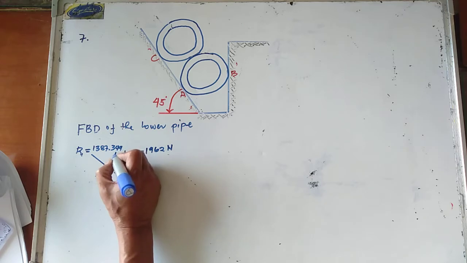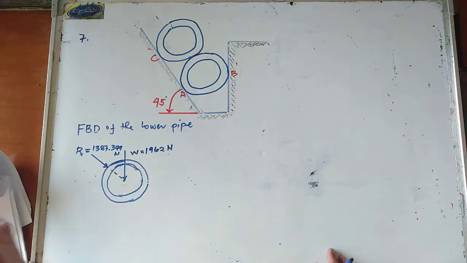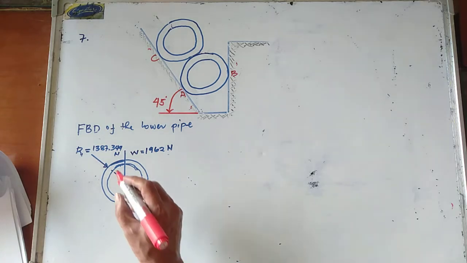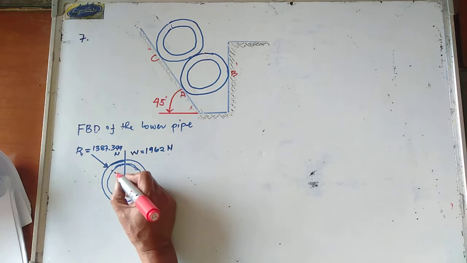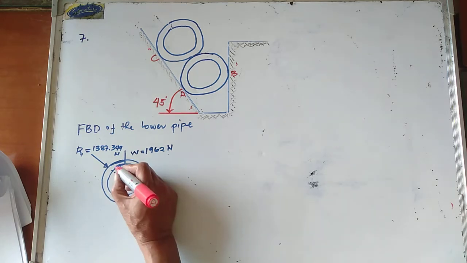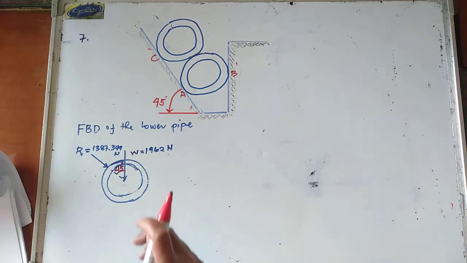We have computed that in the previous FBD. So this makes an angle of 45 degrees with the vertical.